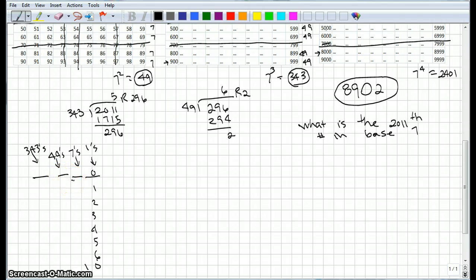Alright, so the question is how to represent 2011 in base 7. Okay, so what we can do is just divide it by 7 and figure out how many 1's we're going to have.